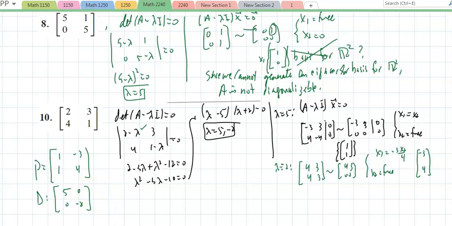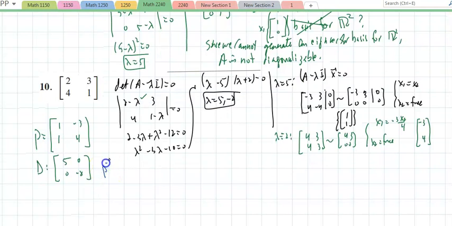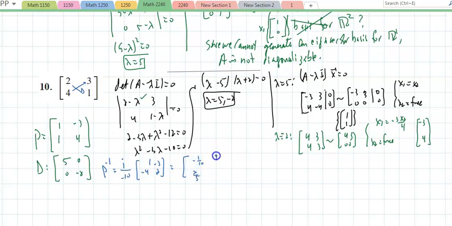The inverse will be 1 over the determinant, which is 2 minus 12, negative 10. Switch the diagonals and multiply the non-diagonals by negative 1. That gives a negative 1 over 10, a 2/5, a 3/10, and a negative 1/5.